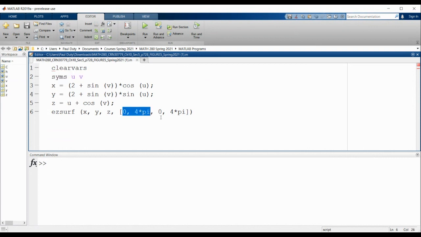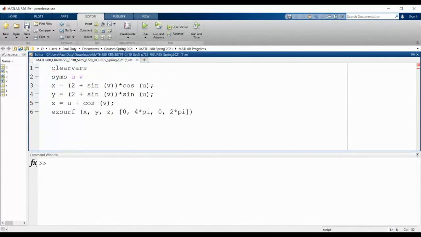The first 0 to 4 pi means let u be between 0 and 4 pi, and the next 0 to 4 pi means let the parameter v be between 0 and 4 pi. But what I could do is let u be between 0 and 4 pi, but let v be between 0 and 2 pi. So I'll do that.